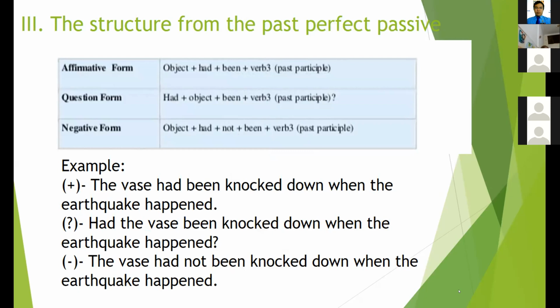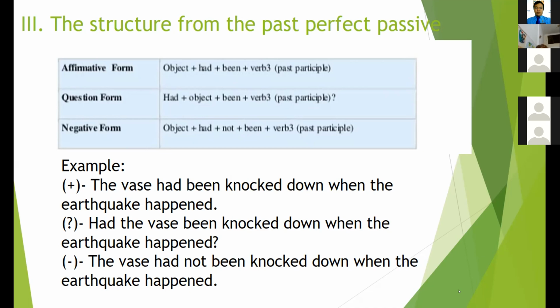For the first form, positive or informative form, it's subject plus had plus been plus verb 3 or participle. For example, the vase had been knocked down when the earthquake happened.